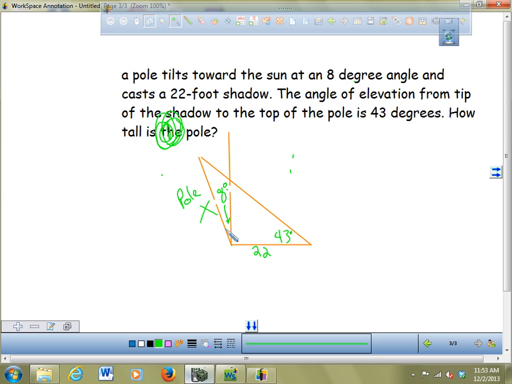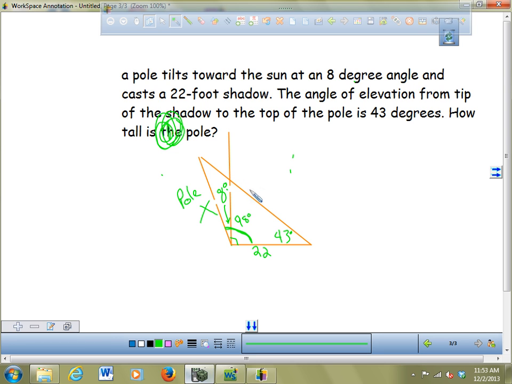Okay, so some of you already figured out, like Tracy, that this angle has to be 98 degrees, right? Because this is straight up and down, so it's making an 8-degree angle, just deal with it. This is what the picture looks like. You still can't do it yet, because if you said sine of 43 is to x as something, you could say sine of 98 is to something else, but you can't have 2 variables.